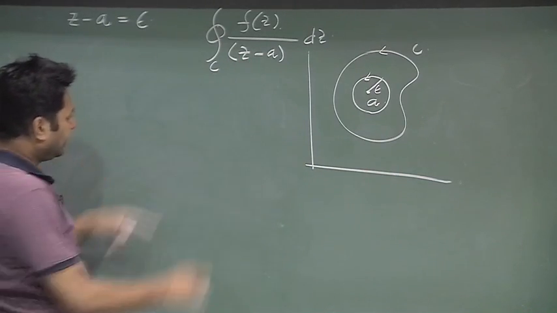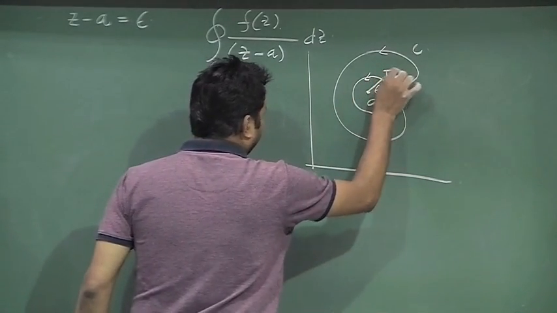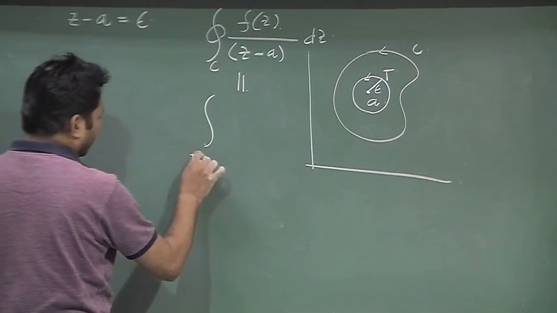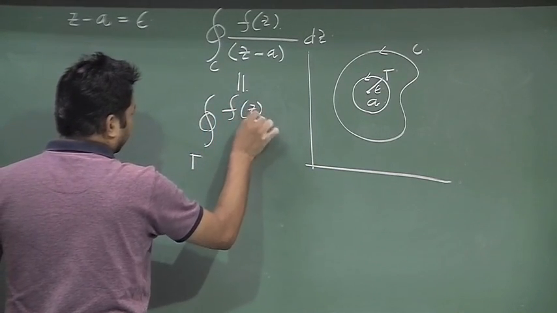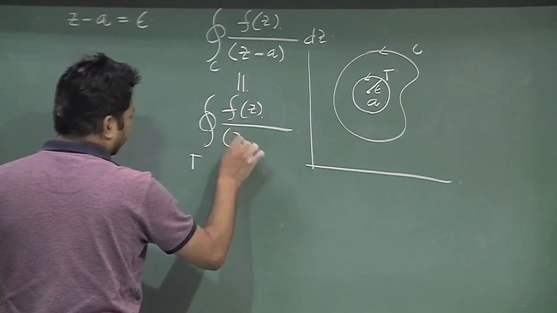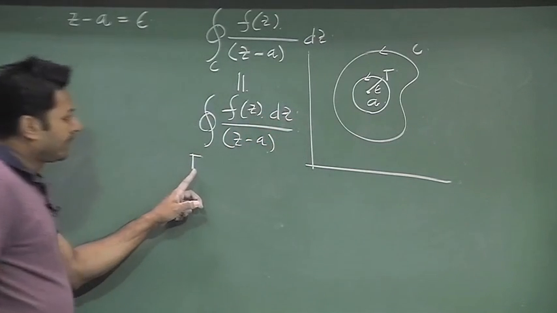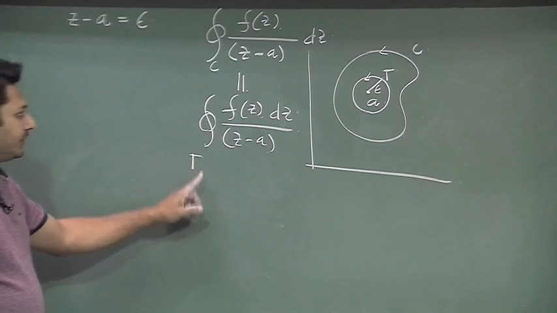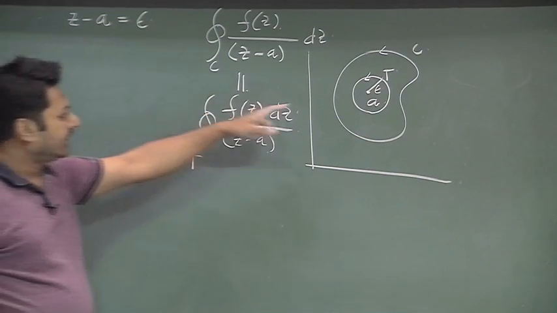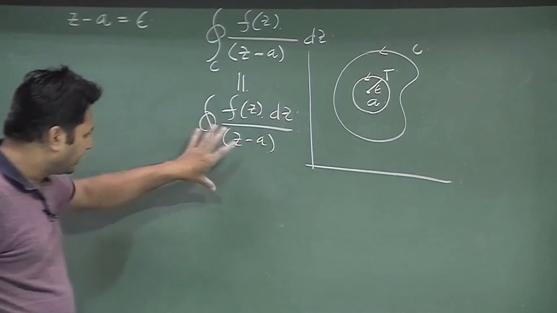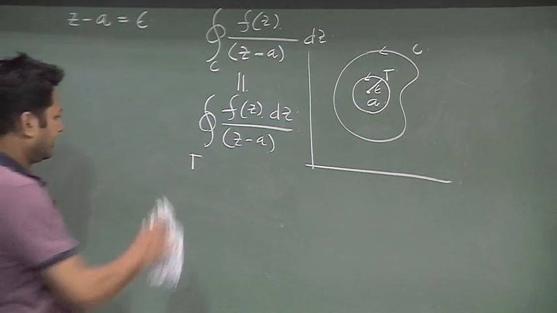This is equivalent to the closed integral over gamma of f(z) divided by z minus a, dz. Fine. I change this C to gamma because I have already shown that these are the same. For this integration I now put my variables like this.